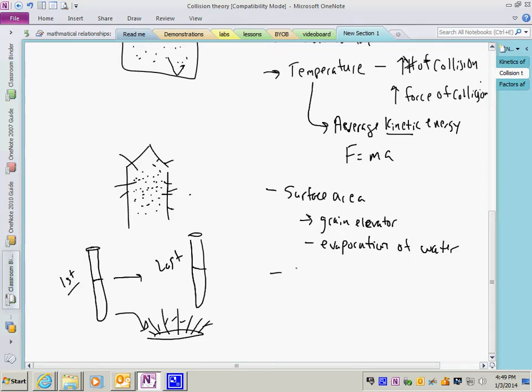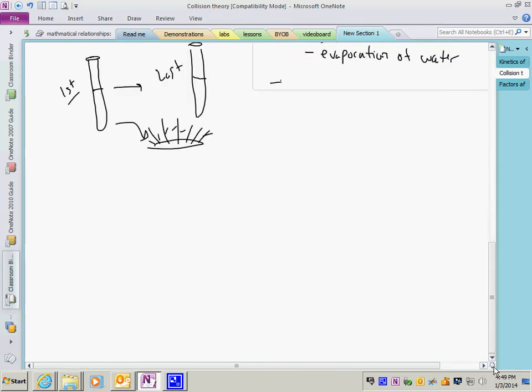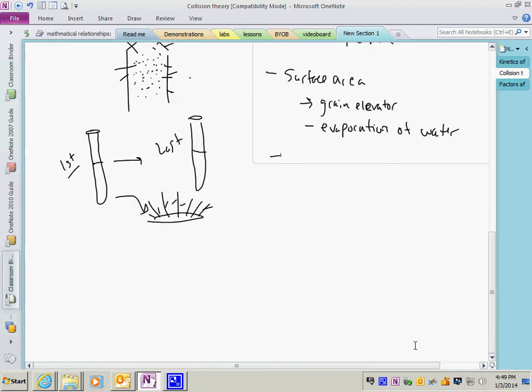Another big one would be a catalyst. Now, a catalyst is kind of easy to think about, but harder to really truly understand. You may not know enough to really understand how it works.